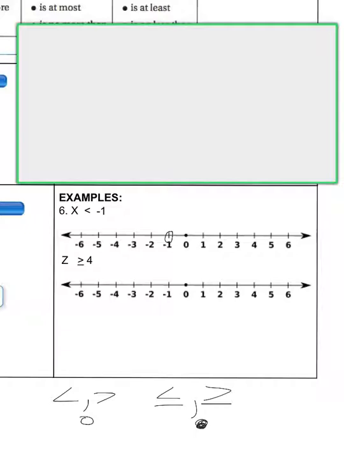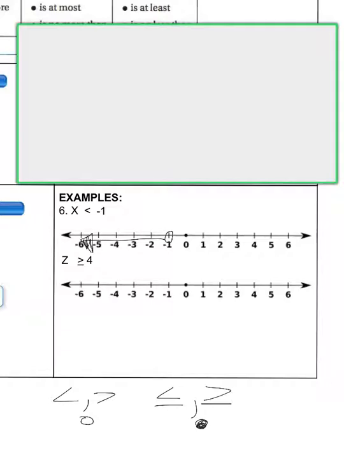Since it says x is less than -1, is 0 less than -1? No, it's greater. Is -2 less than -1? Yes. So we know that all values that are smaller than -1 could be a solution. So my line needs to go this way.